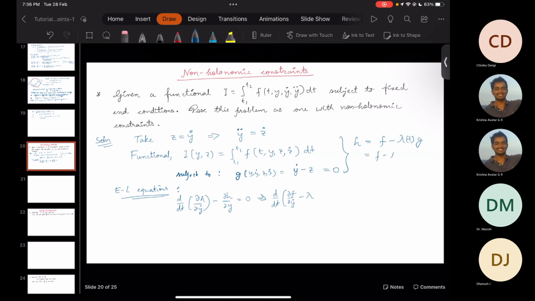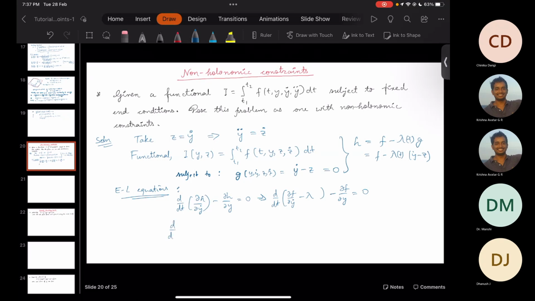So this is f minus lambda of t into (y dot minus z), minus lambda, and minus ∂f/∂y, so it is nothing but ∂f/∂y, and plus lambda, or rather it's not lambda, it's just ∂f/∂y is equal to 0. Fine. This was our first equation.